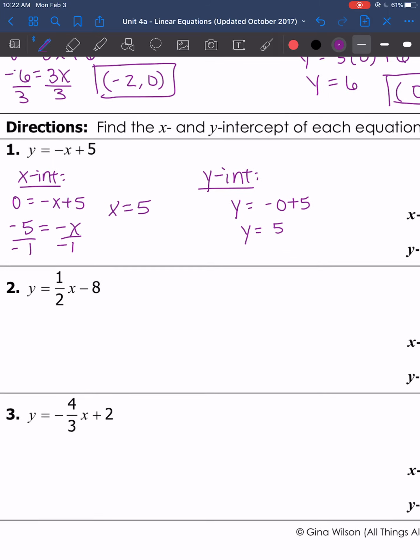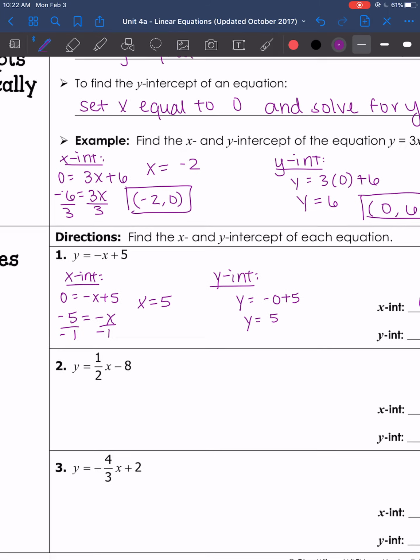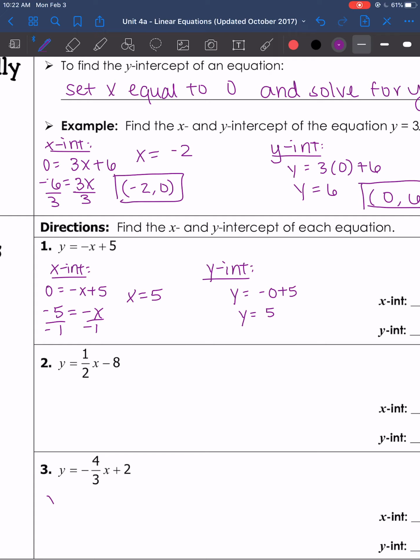So number 3, we want to find our x and our y-intercept. So let's do our x one first. It doesn't matter which one you do first, I just always do the x first. So 0 equals negative 4 over 3 x plus 2. So I'm going to subtract 2, so I get negative 2 equals negative 4 thirds x. I'm going to multiply everything by 3. So I get negative 6 equals negative 4x.